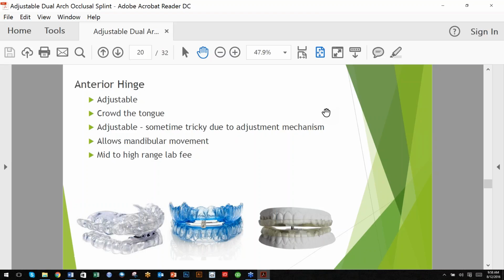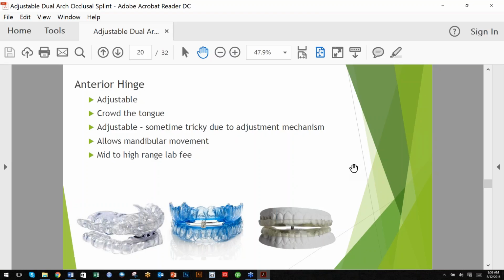Okay, so lab piece. This one's right in the middle of the road. It's not the highest range. It could be. The silencer, I have to say, is probably in the high range. The reason the silencer is probably a little pricier than other appliances is the materials and manufacturing technique, because it was the first apnea appliance, they used the techniques that were available at that point in time.